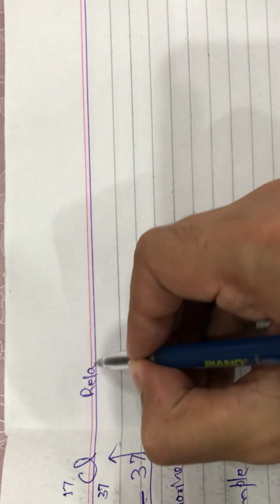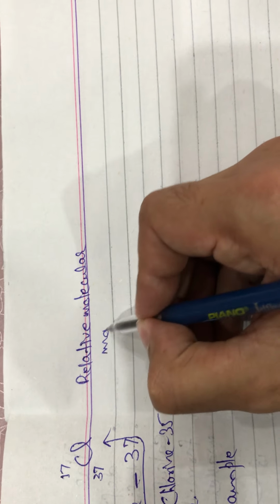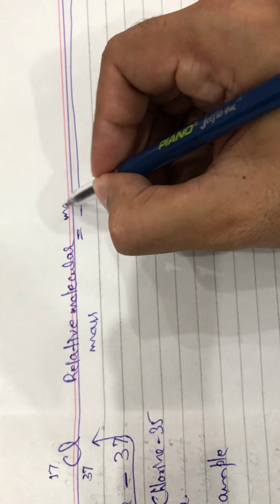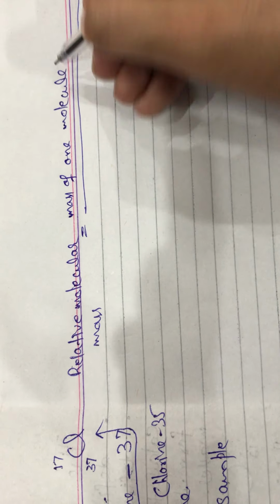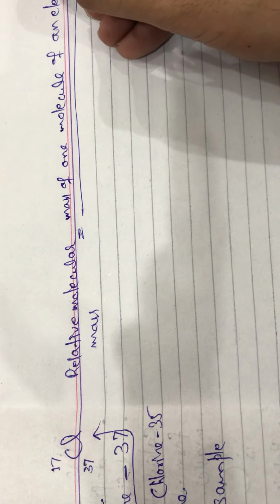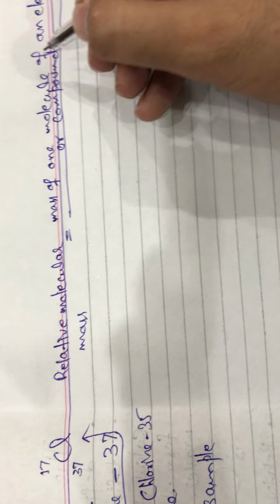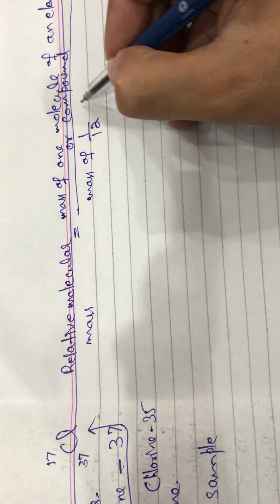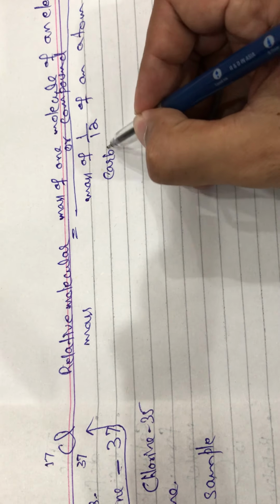Its expression can be written as: relative molecular mass equals the mass of one molecule of an element, or it can be of a compound, divided by 1 by 12 the mass of an atom of carbon 12.